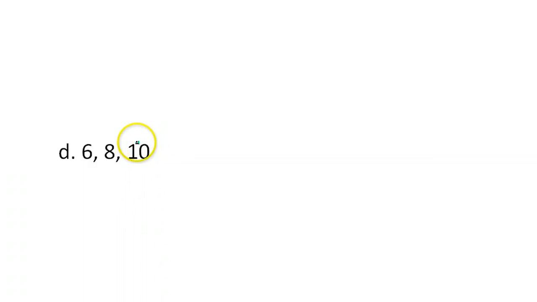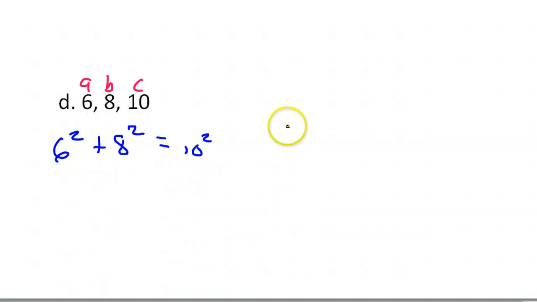All right, let's look at part D. Again, the potential c, the potential hypotenuse, has got to be the biggest number. So this is like my a and my b and my c. Okay, so that's 6 squared plus 8 squared. And does it equal 10 squared? That is the question. Well, 6 squared is 36. 8 squared is 64.